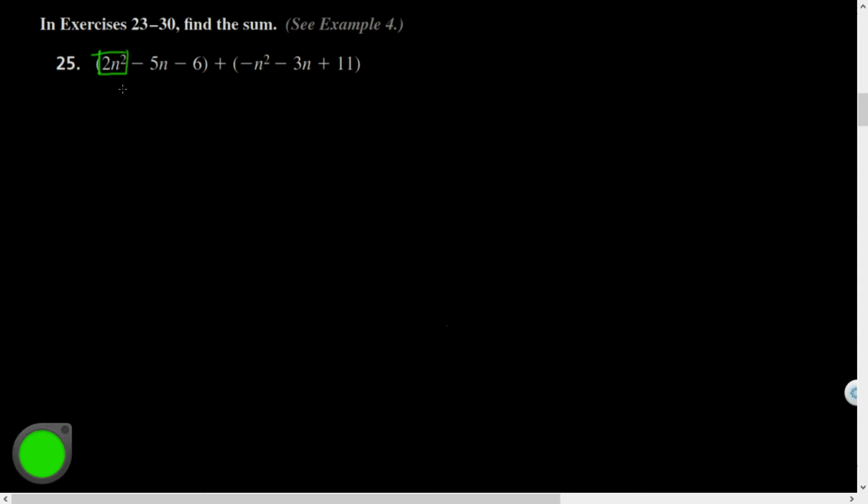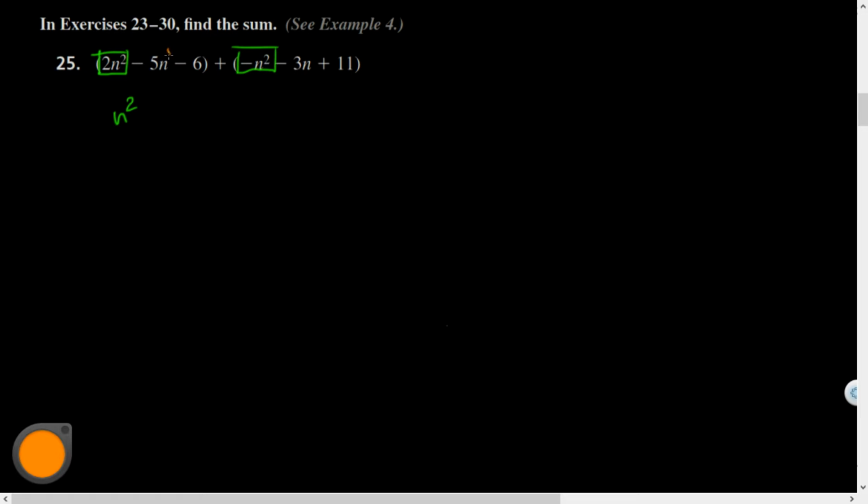Do I have any other n squared friends here? Yeah, negative n squared. And 2n squared minus 1n squared is just 1n squared, right? 2 apple pies minus an apple pie is 1 apple pie. So it's n squared. You could write a 1 in front of it, but for coefficients, you could just leave that invisible. And that is just fine.